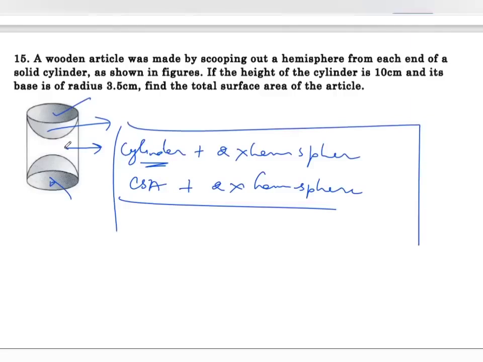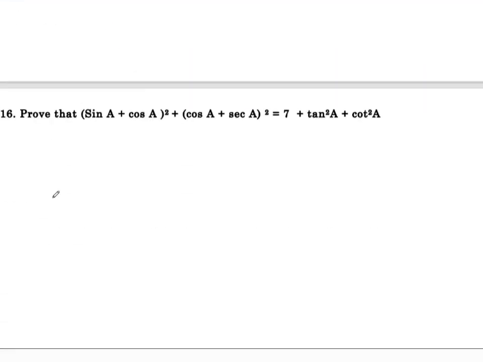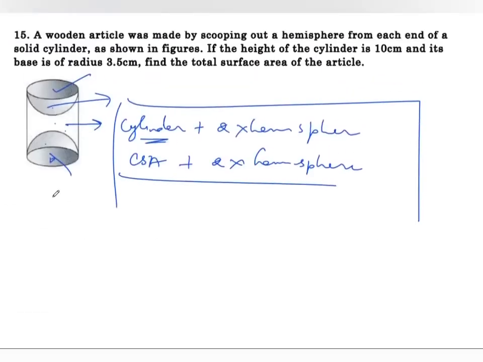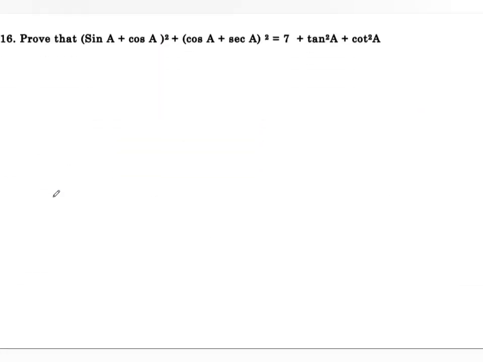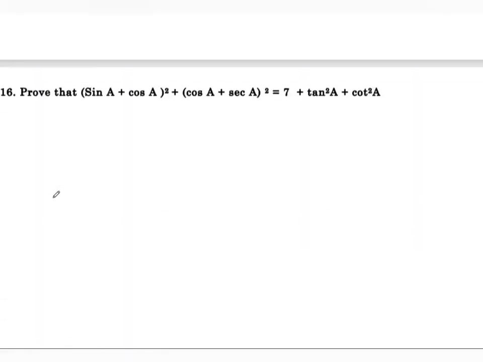First find out the solids in the figure, that is cylinder and 2 hemispheres. Find out the CSA of cylinder plus 2 times the CSA of hemisphere. Add it, you will get the answer. Do comment your answers for this question. Take your time, then you can comment.